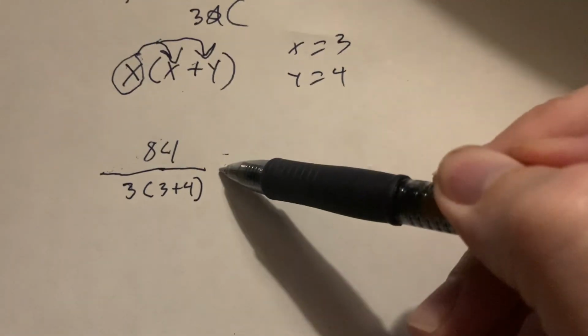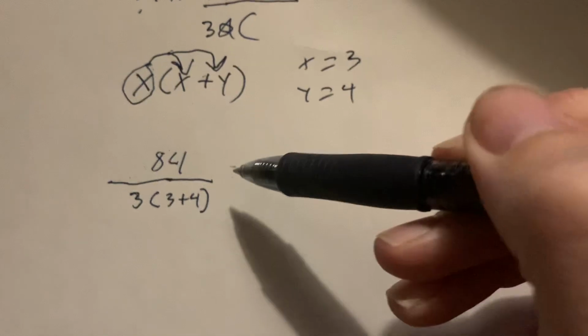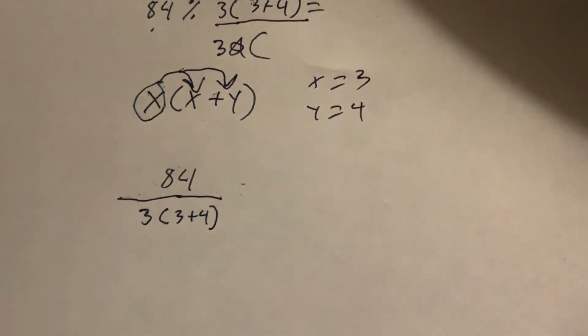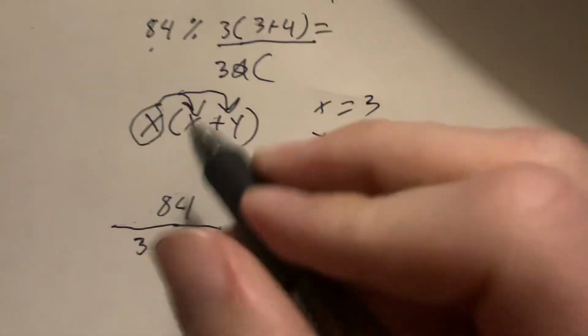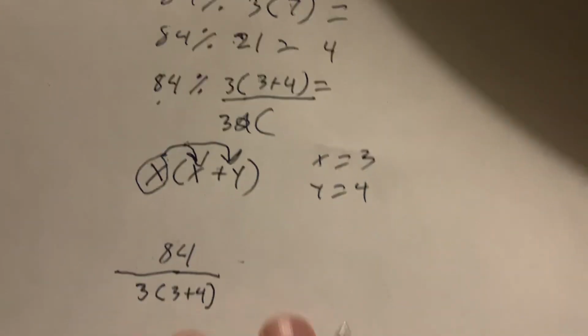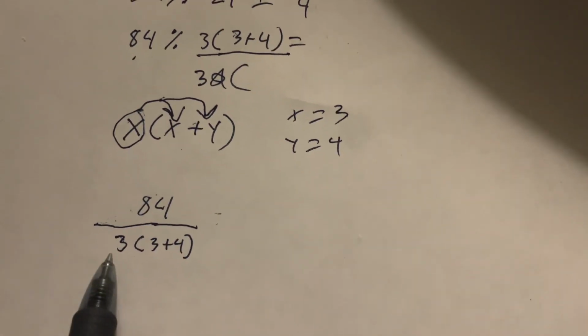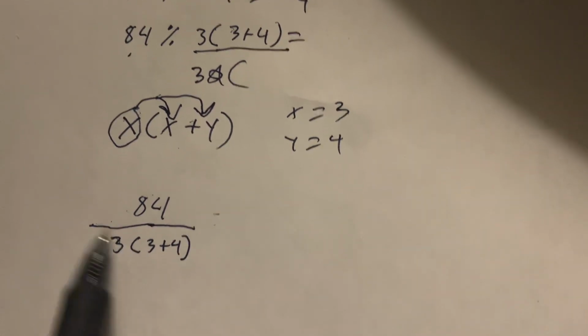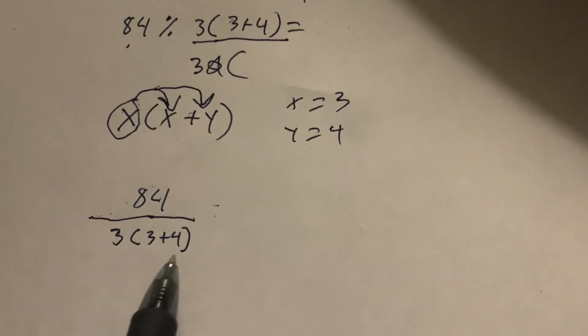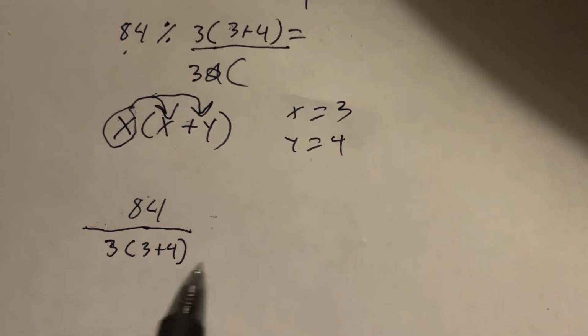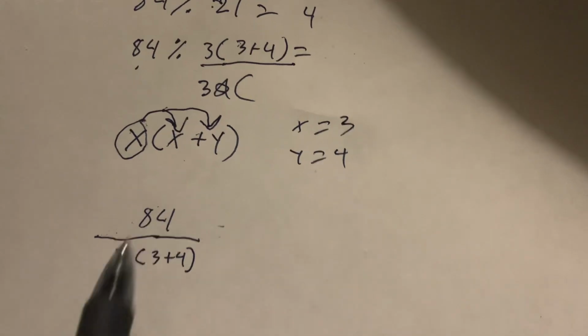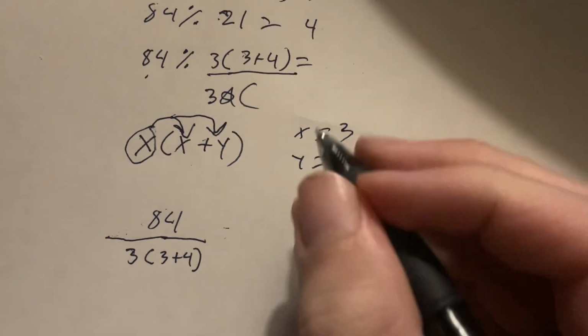We just wrote it in a different format. Rather than put it in a line, we put it in this format. This is a fraction format. And this clearly shows in this way. You can see because it's a single term, it's all under here. And so you have to do this entire portion before you can go into divide it into the 84.